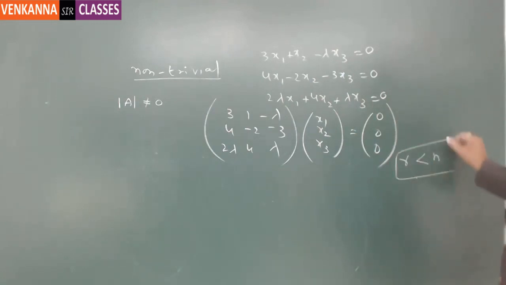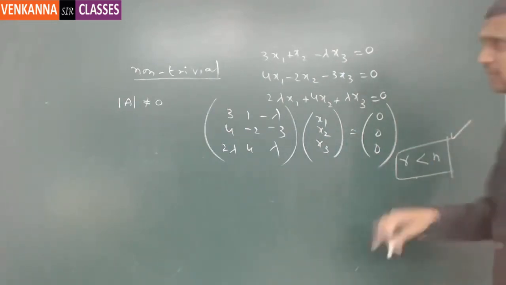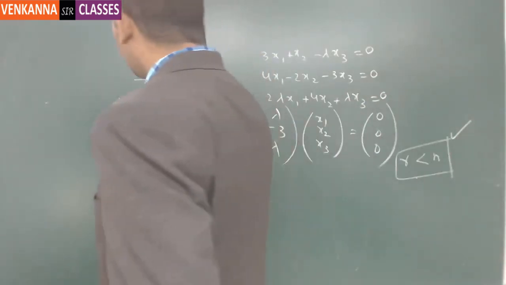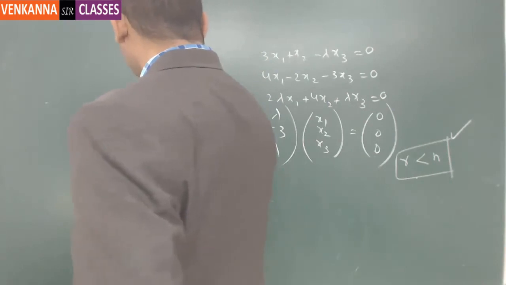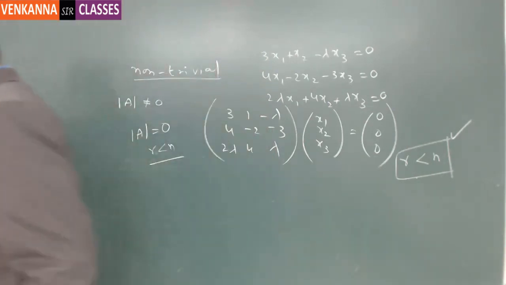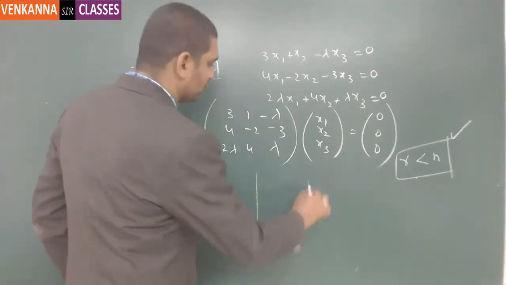That is true to have a non-trivial solution. In other words, if the determinant of A is equal to 0, then automatically you have achieved that r less than n. Because if I say that determinant of A equal to 0, then the rank will be either 1 or 2. So automatically it is less than the number of variables 3. So you will have the non-trivial solution or infinite number of solutions. So let us make the determinant of the matrix equal to 0.